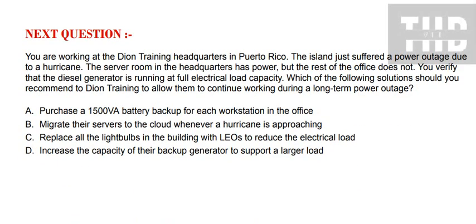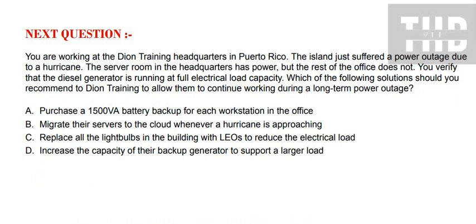Next question is: you are working at the Dion training headquarters in Puerto Rico. The island just suffered a power outage due to a hurricane. The server room in the headquarters has power, but the rest of the office does not. You verify that the diesel generator is running at full electrical load capacity. Which of the following solutions should you recommend to Dion training to allow them to continue working during a long-term power outage?